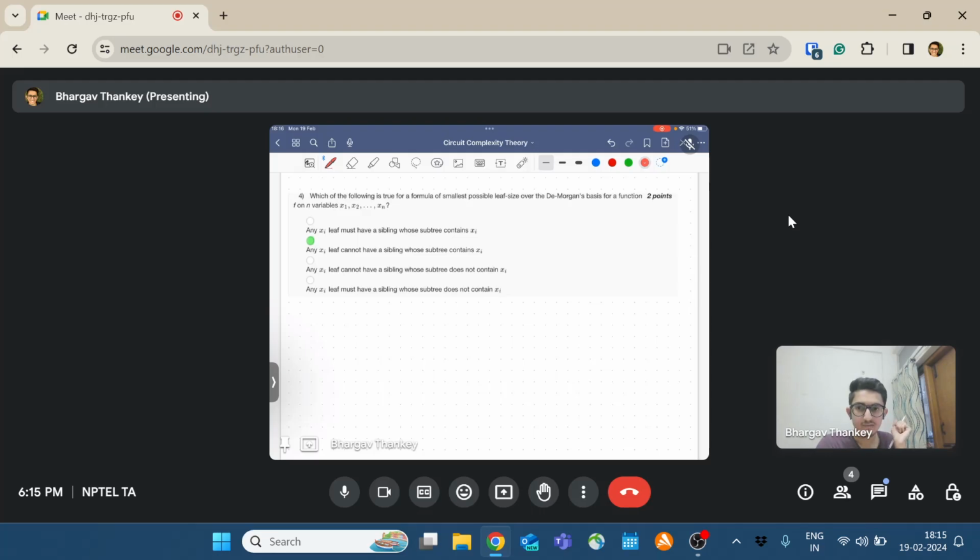Okay, and does this only work over De Morgan's basis or over other bases as well? Well, it would depend on the functions. Okay, what about B2? Well, we would have to look at the functions. Okay, can you think of any function in B2 on just two variables for which this won't work?